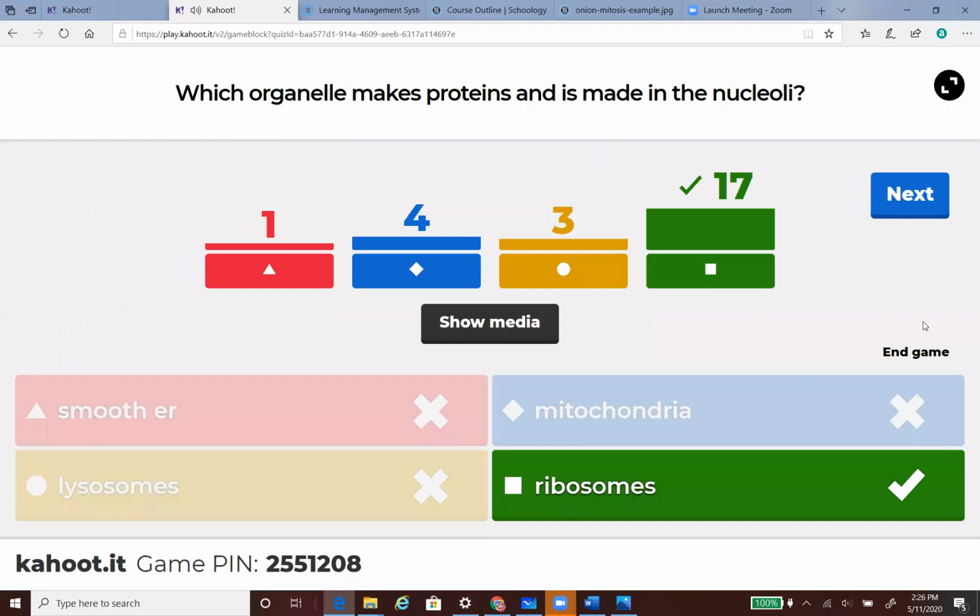Very good. Ribosomes make proteins that are made from the nucleoli in the nucleus. Excellent. Next question.